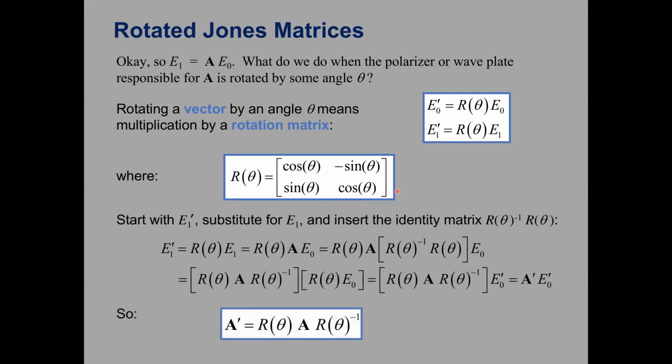And you guys could just copy down the last line here. This middle stuff is really going through a linear algebra proof. But if you want to model the effect of rotating a matrix by an angle theta, you have to multiply on both sides of the matrix by this rotation matrix. On the left, you multiply by the rotation matrix itself. And on the right, you multiply by the inverse of that rotation matrix.